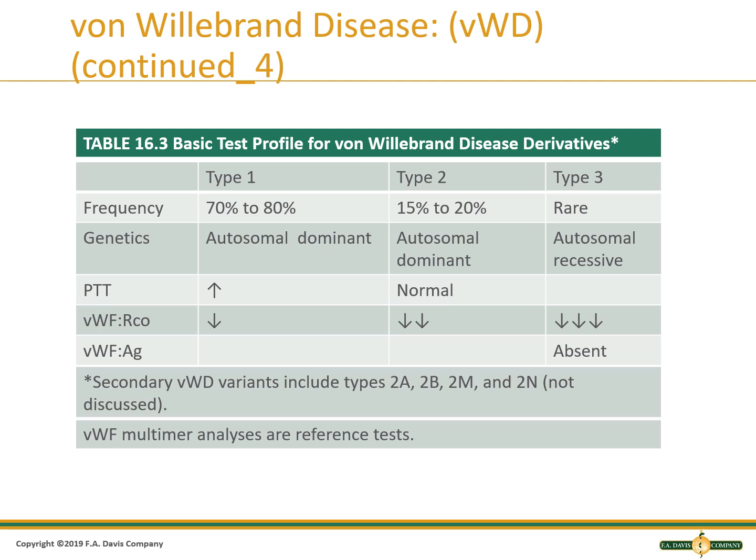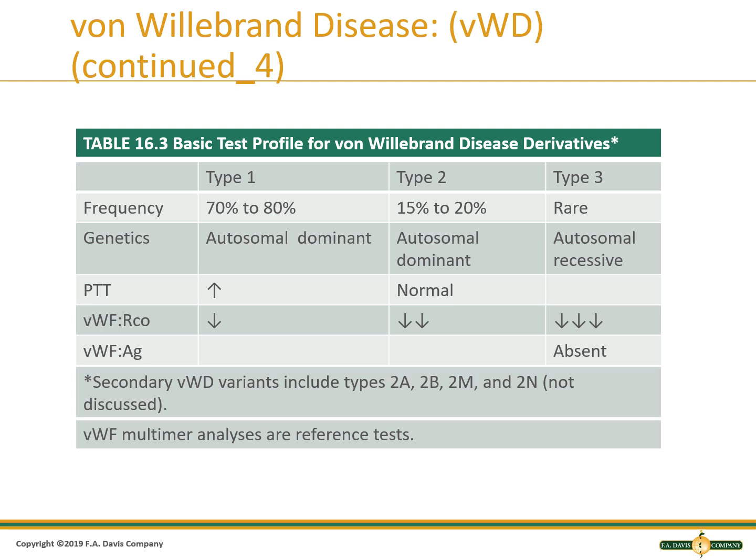Here is a chart that breaks down the 3 types of von Willebrand disease. You can see the frequency for type 1 is 70 to 80%, type 2 15 to 20%. We don't even have a percentage on type 3. All we see is that it is rare. Type 1 is autosomal dominant, as well as type 2, with type 3 being autosomal recessive.